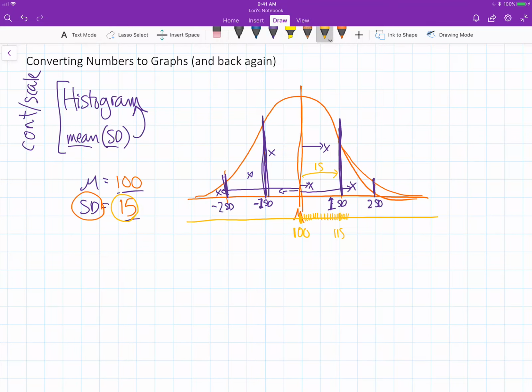And at 130, we have 2 standard deviations above the mean. And this scale continues above and below to go to 85, and similarly 70. So each of these intervals should be 15. Here's another interval of 15 because each standard deviation is 15 wide.